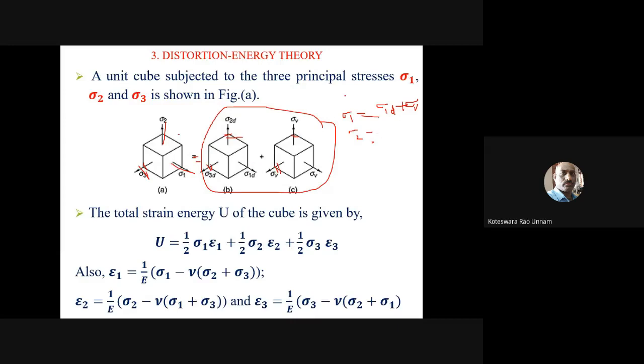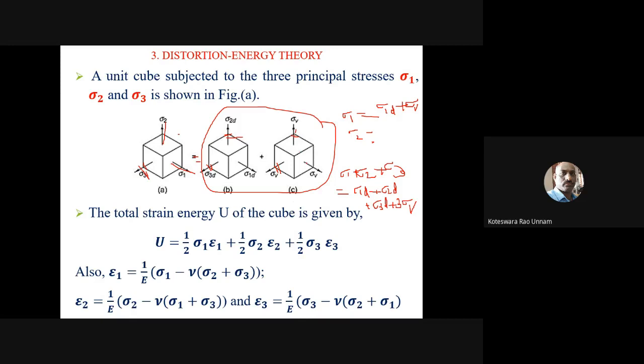So if I add all three, sigma 1 plus sigma 2 plus sigma 3, the right side is sigma 1d plus sigma v, sigma 2d plus sigma v, sigma 3d plus sigma v. That means sigma 1d plus sigma 2d plus sigma 3d plus 3 times sigma v, because sigma v is there for all the components.